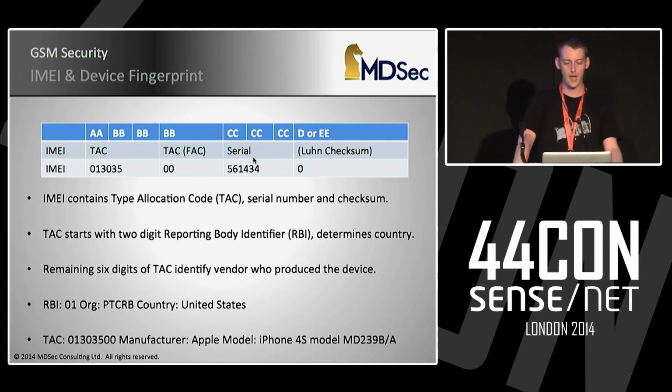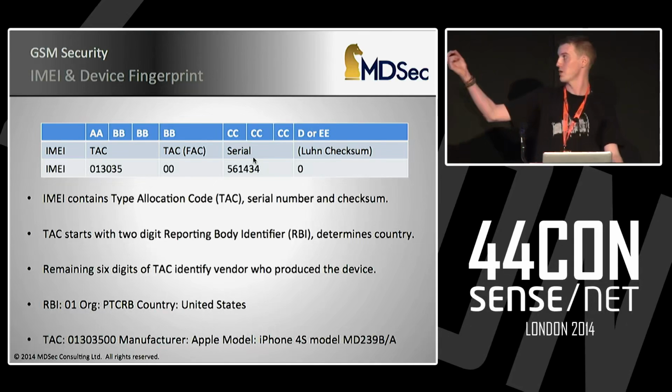It contains a type allocation code at the first 6 to 8 digits, which starts with a 2-digit reporting body identifier. Now, the reporting body identifier is what's used to determine the country which authorized or allowed this device to be used. So it will say whether it was the United States, China, or England. And the remaining 6 digits will identify the vendor who has actually produced the device.